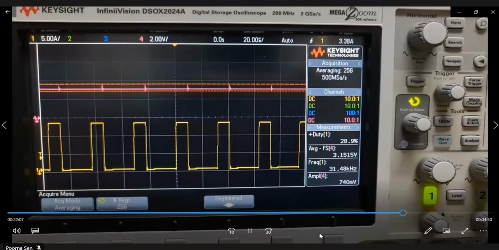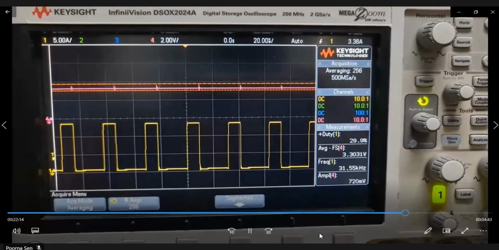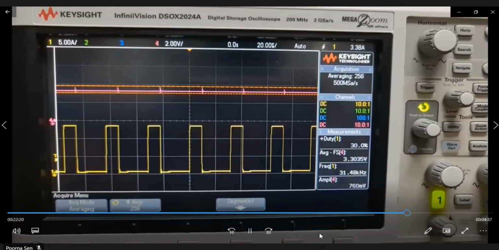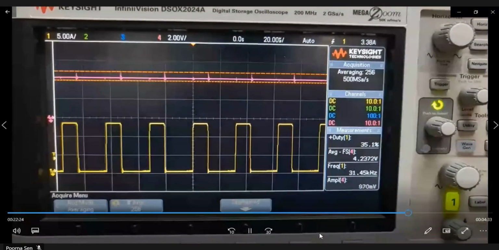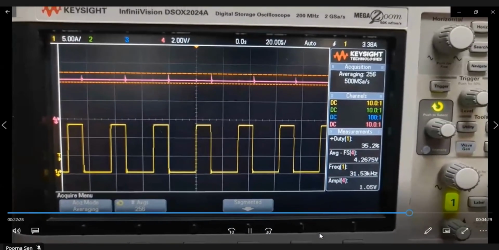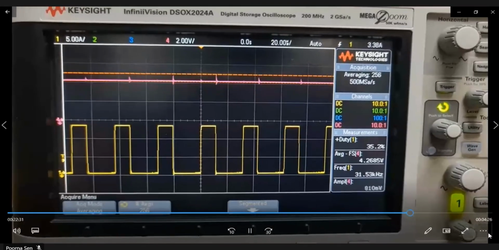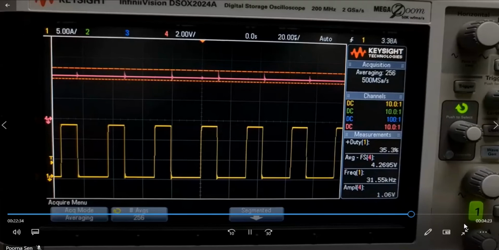Duty ratio now is 30%. Output voltage is 3.303 volts and the load current is 170 milliampere. Duty ratio 35.2%. Output voltage is 4.268 volts and load current 225 milliampere.